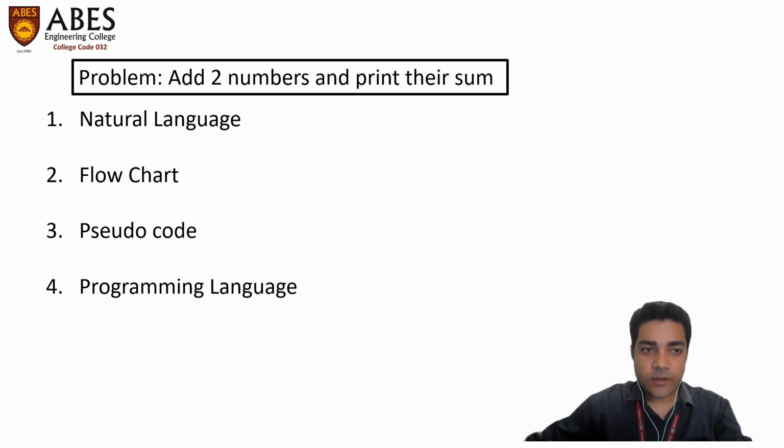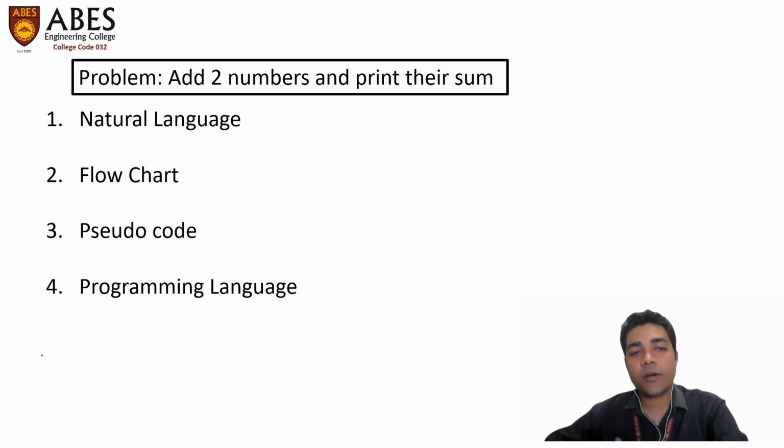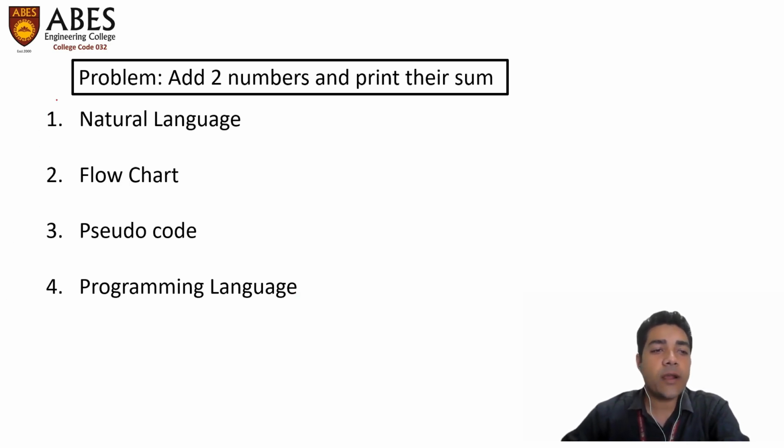And in this slide, I've just taken a simple problem. The problem is how to add two numbers and print their sum. Now there are four approaches to write an algorithm for this problem. The task is to write the algorithm.